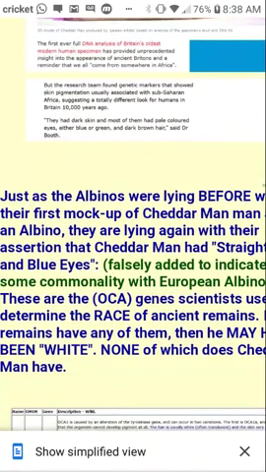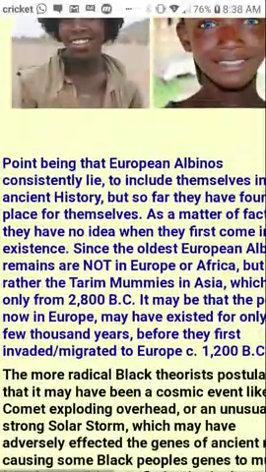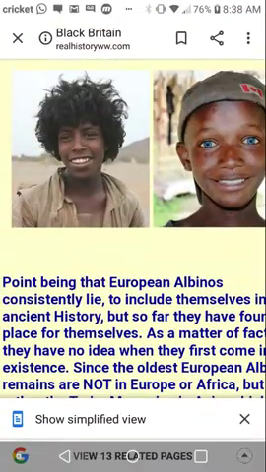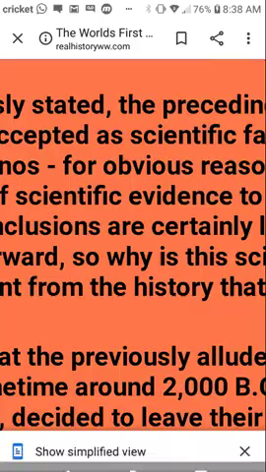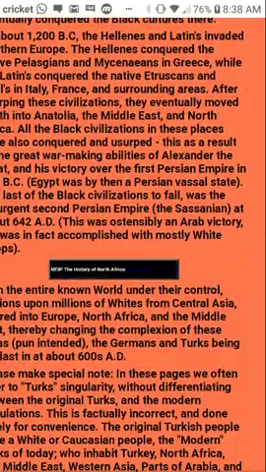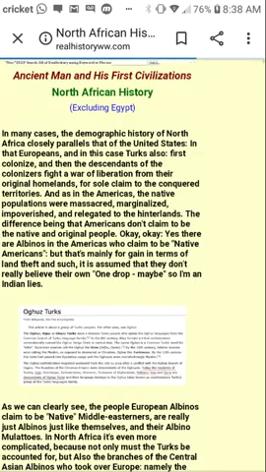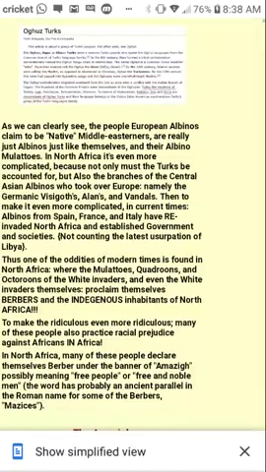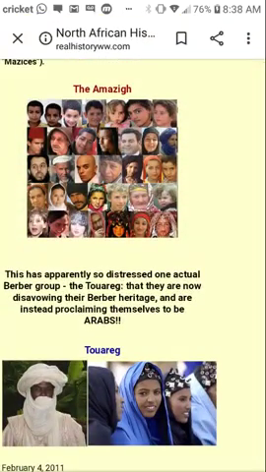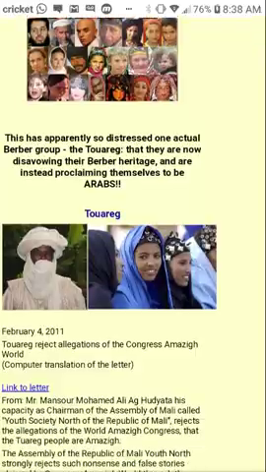Anyways, so you can go through all of this, and I'm not going to take too long. We've got some more sections. You can go down, you can read the history of North Africa. If you want to click on that, and you can go North Africa history. And you look at the Amazi, you can see they're hybrid peoples now. The Tuareg, black peoples.